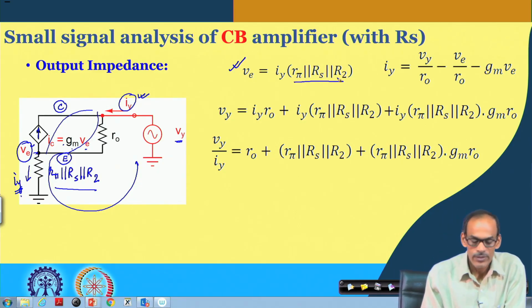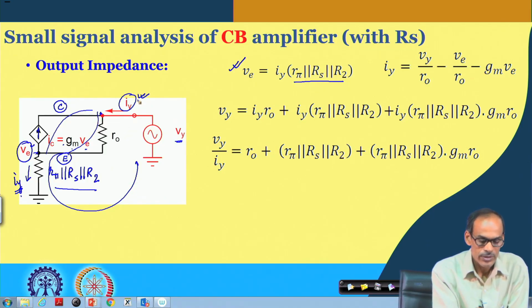On the other hand, at this node, if I apply KCL, I y is the summation of this current and this current. The current flowing through R o is V y minus V e divided by R o.